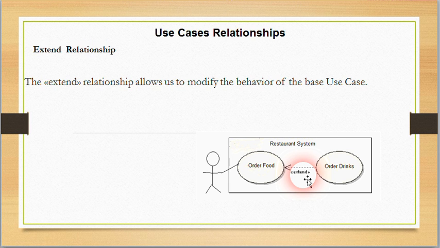Also in this example, the order drinks use case may become part of the order food use case, and order food is linked to the customer as the customer interacts with this use case.